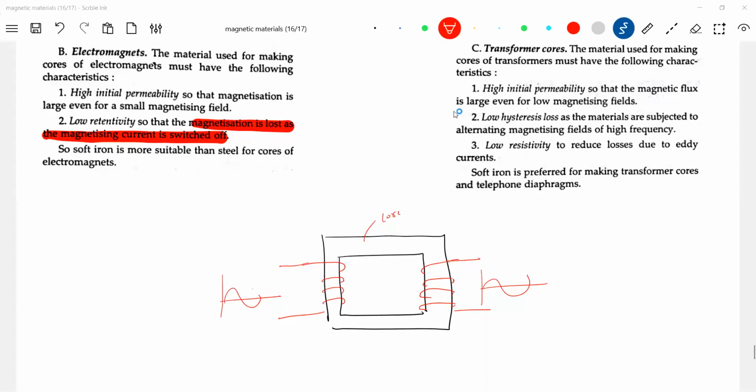Iron has more permeability, so that magnetization is large even for a small magnetizing field. I think I should give priority to permeability here. Permeability is given priority.